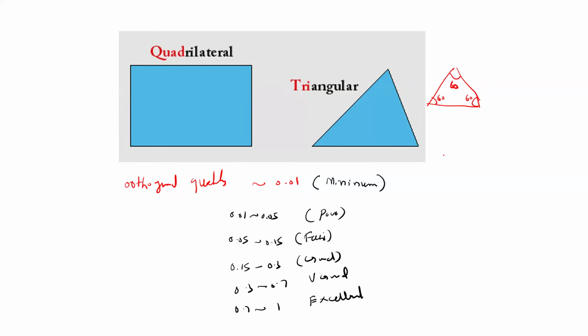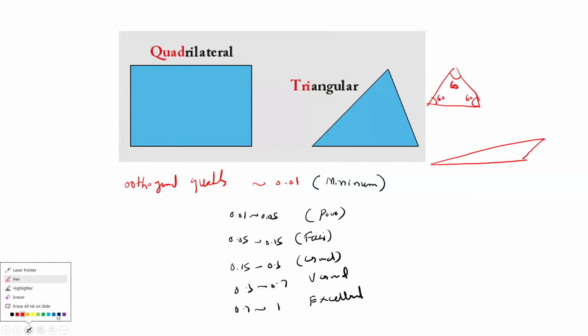For example, if my triangle shape is like this one, maybe in the first case the orthogonal quality is 1. Okay, that is the best. And here the orthogonal quality may be approximately equal to 0.2.